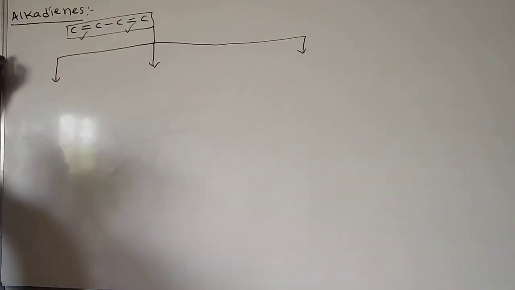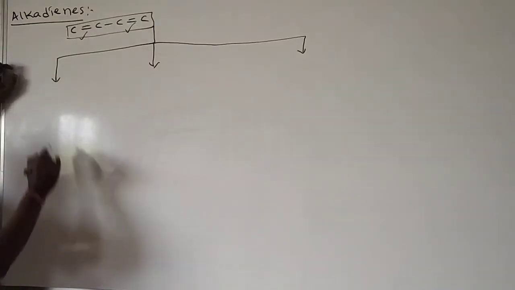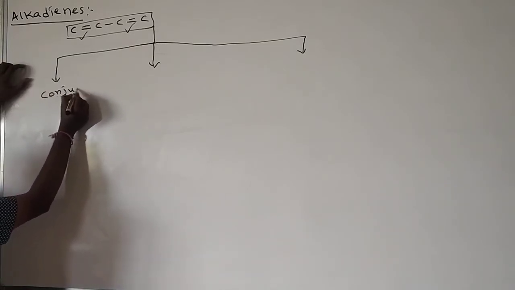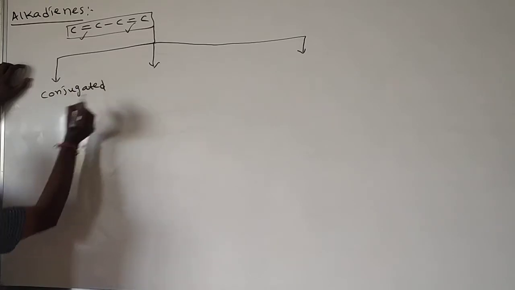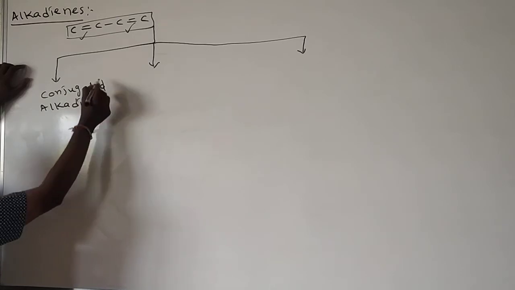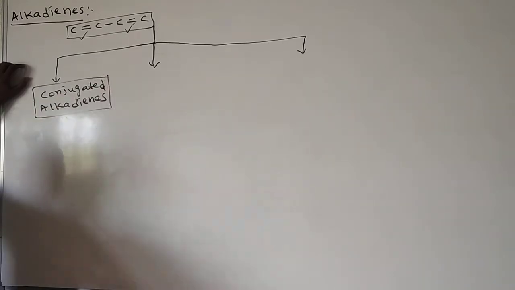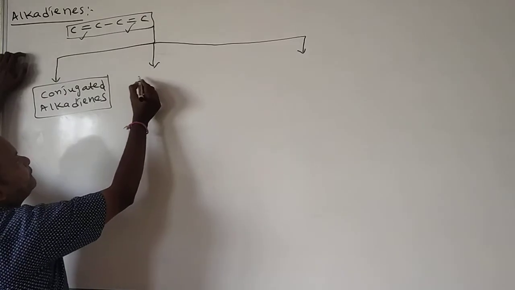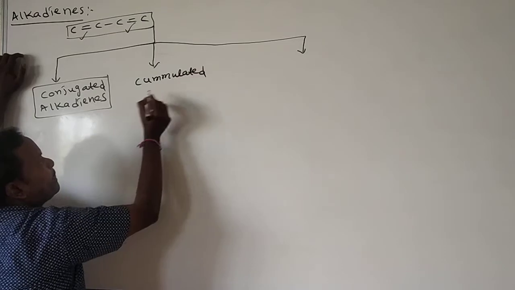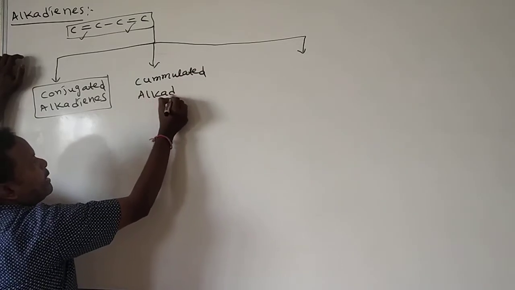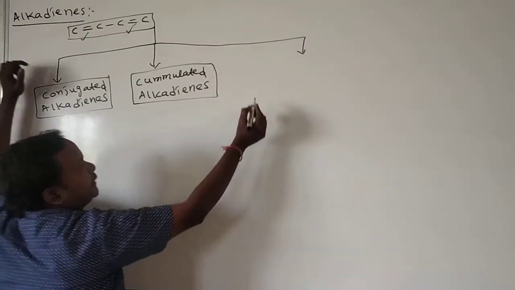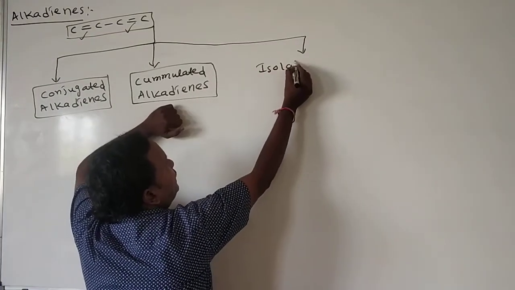One is conjugated alkadienes, the second is cumulated alkadienes, and the third is isolated alkadienes.